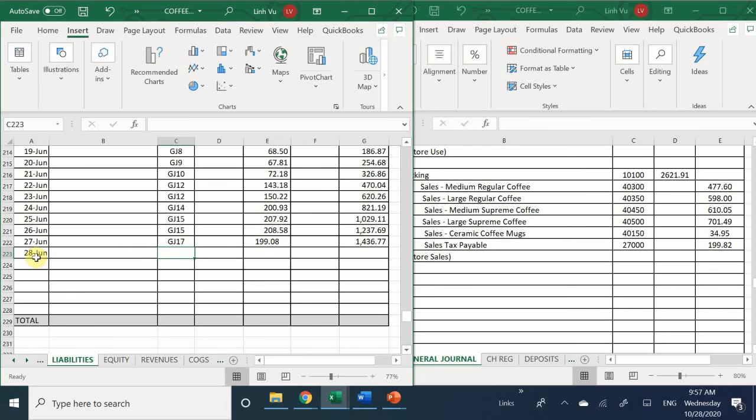And then the date is June 28th. Sales tax, general journal 18. And the amount is 199.82. The new total is 1,636.59. Good.